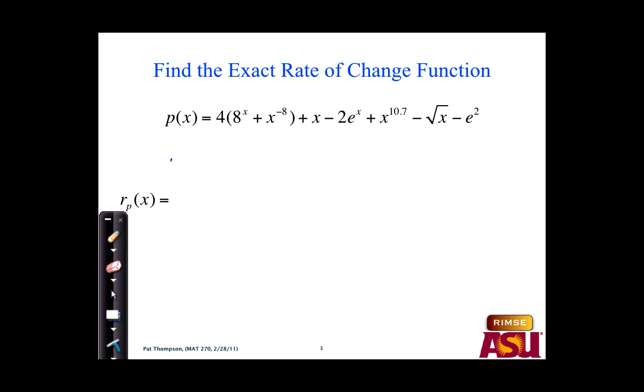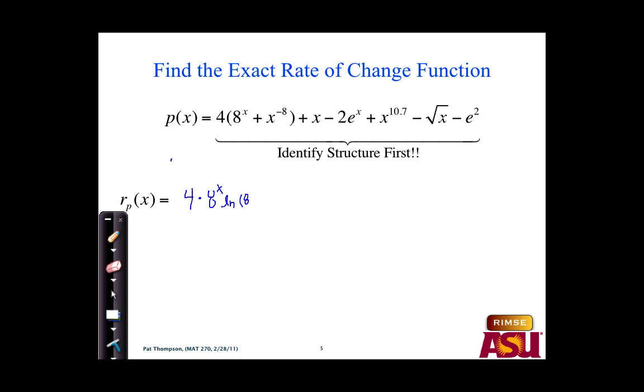You can also distribute, but realize there won't be any 32s to the x. This is just 4 to the first. But whether or not you distribute this, it looks pretty similar. So if I said 4 times 8 to the x, the rate of change would be 4 times the derivative of 8 to the x, which with respect to x is 8 to the x times the natural log of 8, right?